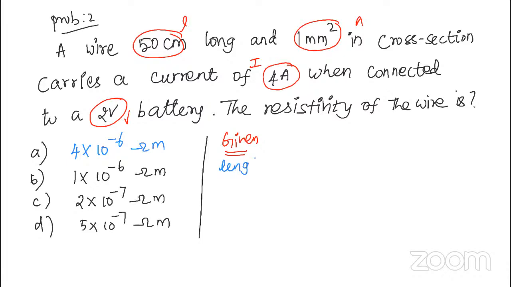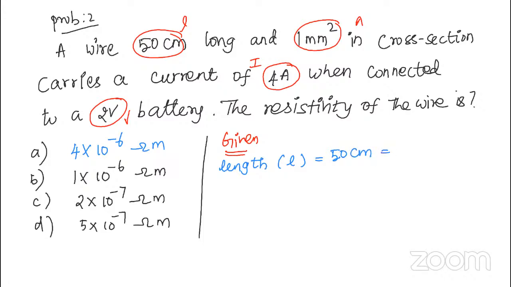Length value L is equal to 50 centimeters. So 50 centimeters, we can convert it into meter.